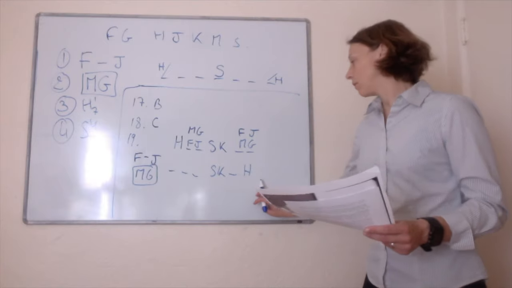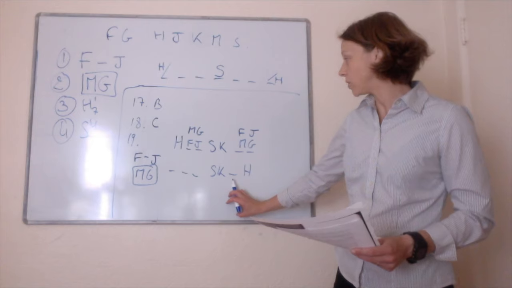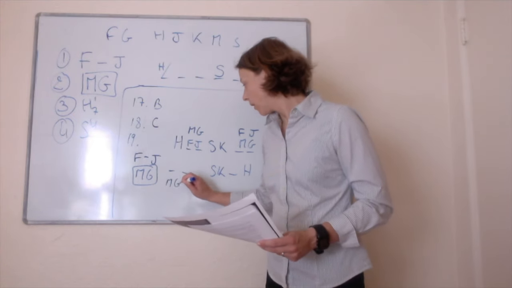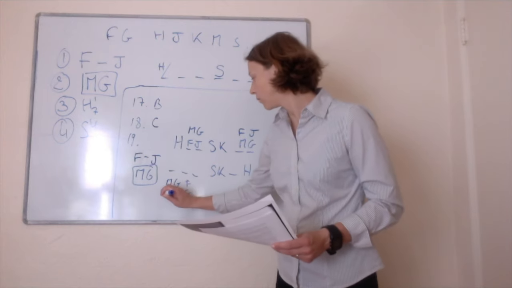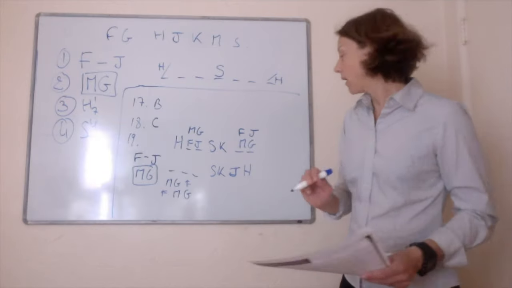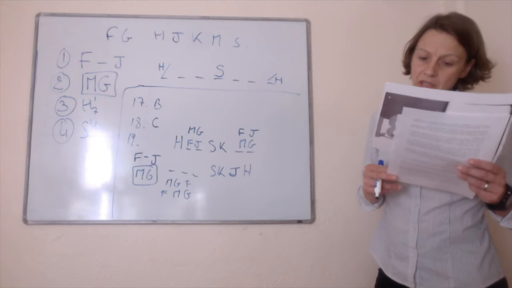On this configuration, there is not enough room for MG here. So MG is going to be either here or there. And then your F is going to move and your J needs to be here, right? So that's for 19. Okay, so what is the question now?